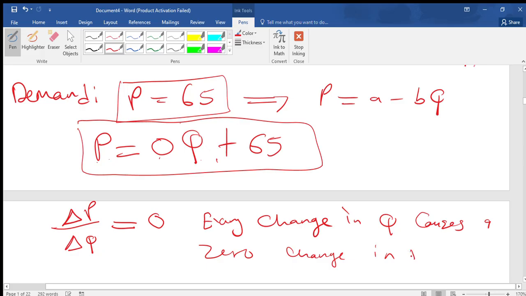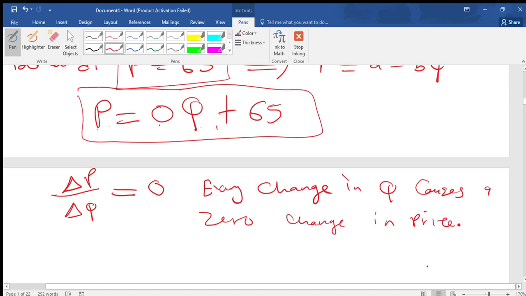That's what this means. So this means every change in Q causes a 0 change in price. So the price never changes regardless of the quantity of demand. So here means the price will never change.